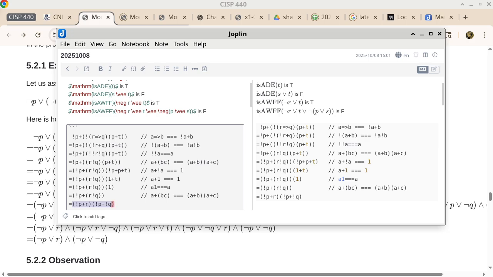For each disjunction, each item can only be a variable or the negation of a variable. Does it also meet that rule? That's a negation of a variable. That's a variable. Also the negation of a variable. This is also the negation of a variable. So it satisfies all the rules, and now we have a CNF, or conjunctive normal form. Are we good so far with this discussion?